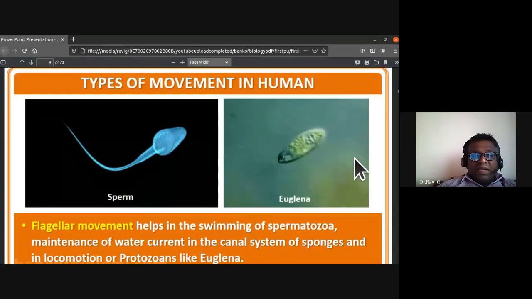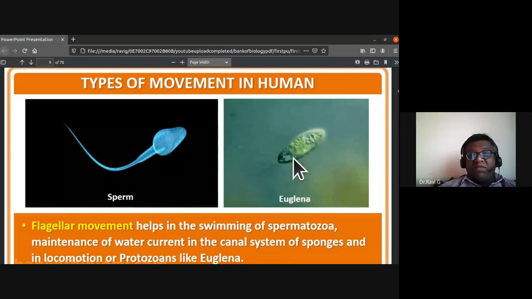Within the types of movement in human, you also see the sperms, they have the long tail. So they have this flagellar movement, which helps in the swimming of spermatozoa, maintenance of water current in the canal system of sponges, and in locomotion of protozoans like euglena.